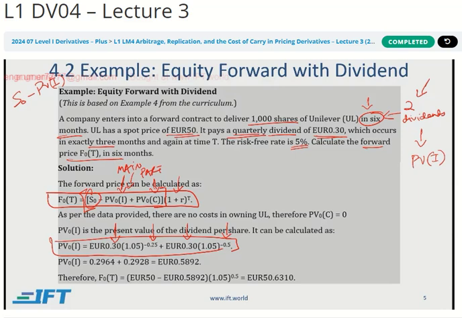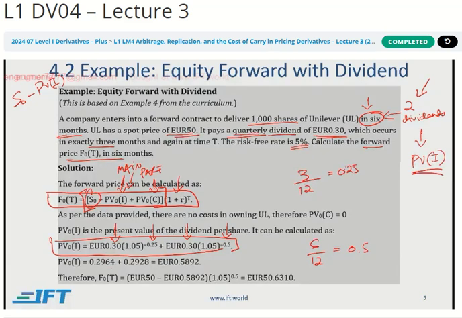So 0.25 is basically 3 over 12, 3 months over 12, and 0.5 is basically 6 months over 12. And why it's written in negative is because we are discounting it back, because they will be received in the future, but we want the present value of that income.